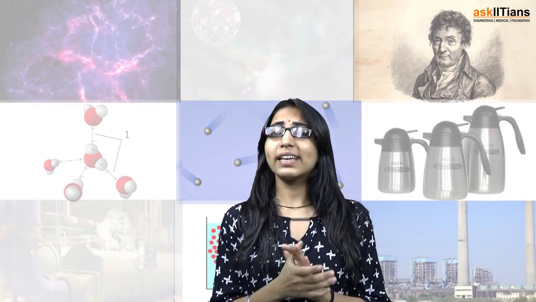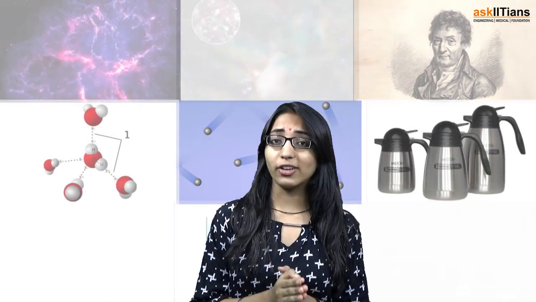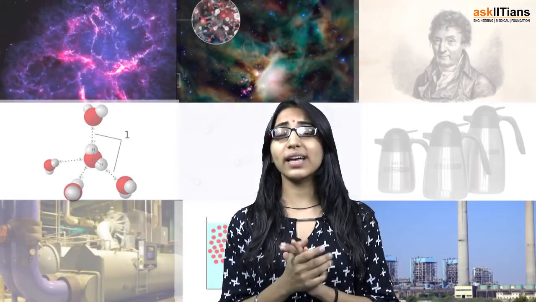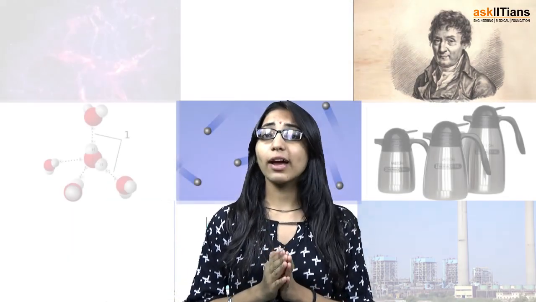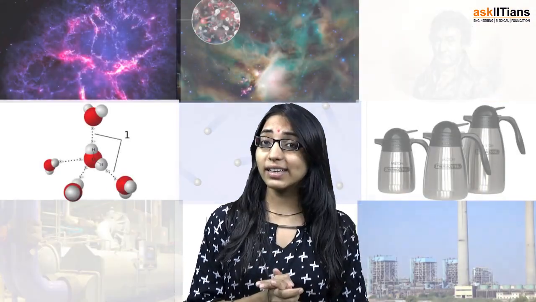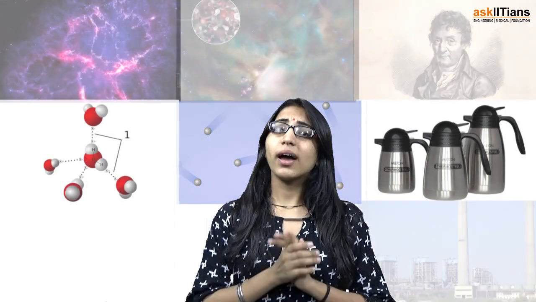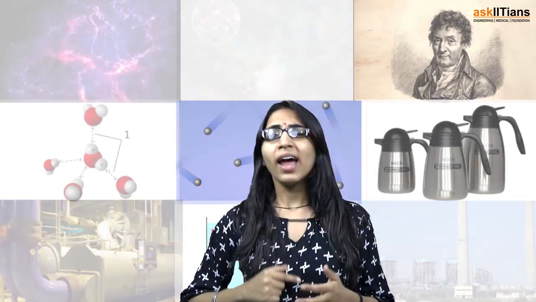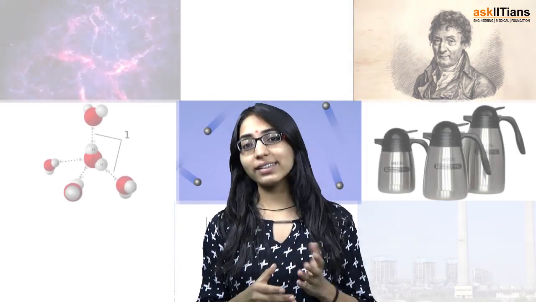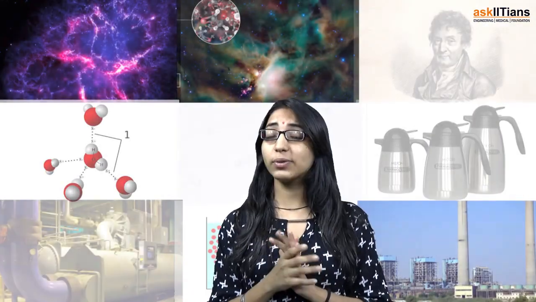I told you certain assumptions which are taken for the kinetic theory of gases. After those assumptions, I explained the derivation for how to find the pressure exerted by the ideal gas molecules on the walls of the container. Then I told you how the energy is distributed among different molecules, what we mean by the total internal energy, and how the energy was distributed as translational kinetic energy. Once we were done with this, we discussed the law of equipartition of energy.